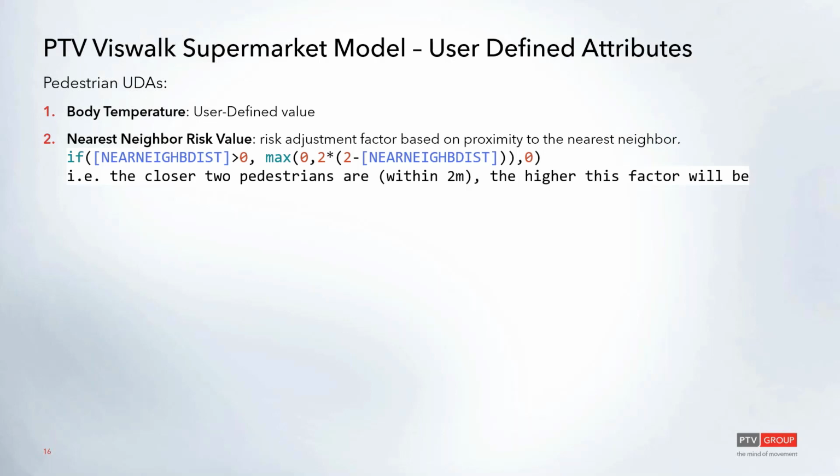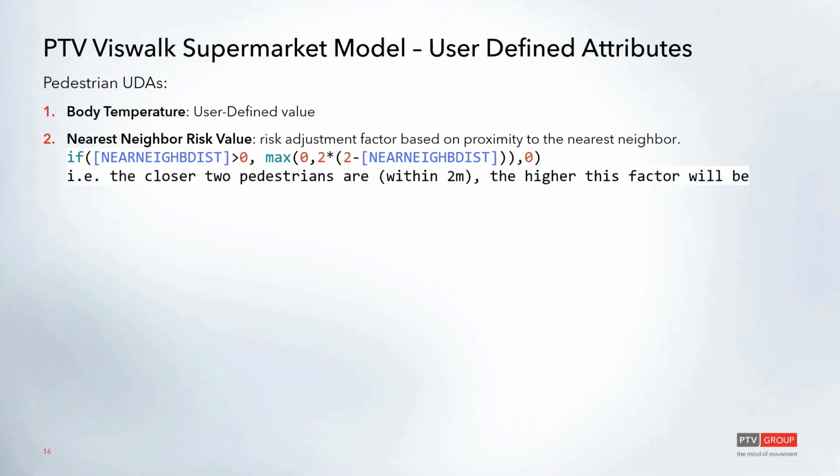And so we're going to be creating a couple of user-defined attributes. One is for body temperature, because for this facility there was a temperature check at the door, and then an exterior line where people would wait if it was over capacity.